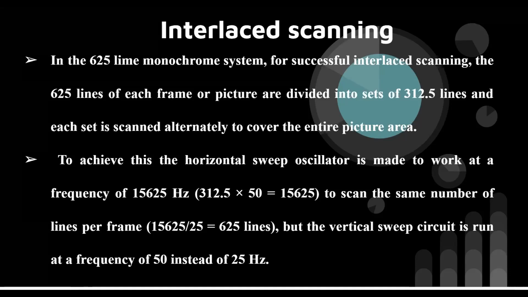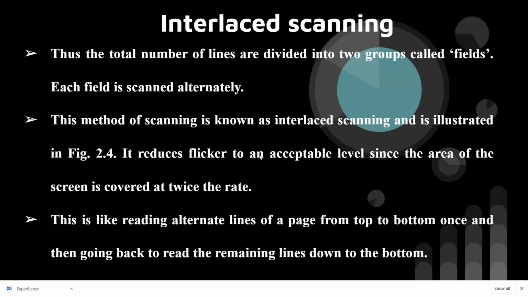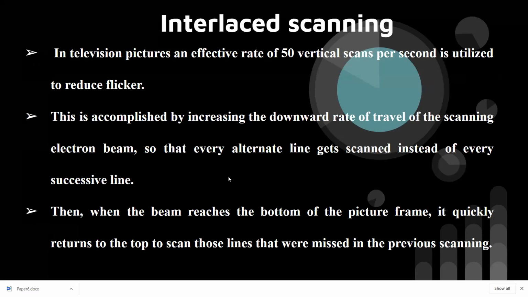So how to get the frequency? Simply, the number of scan lines multiplied by the period, equal to your 50. We found the 50 in the previous lecture; these are our 50 vertical scans.